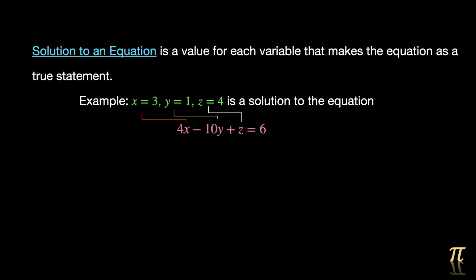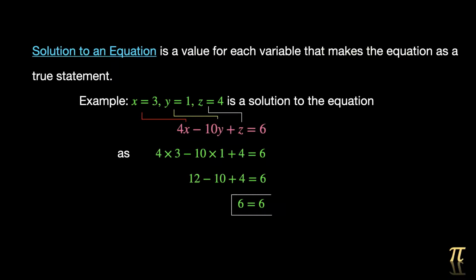Why? Because if you replace these values in this equation, we get a true statement. You can see here 6 is equal to 6, which is a true statement. So for the equation 4x minus 10y plus z is equal to 6, x equal to 3, y equal to 1 and z equal to 4 is a solution.